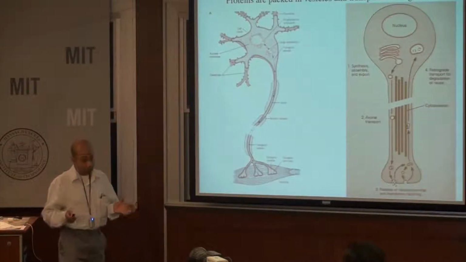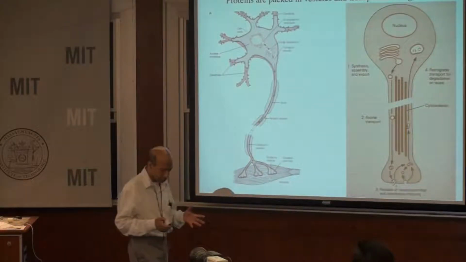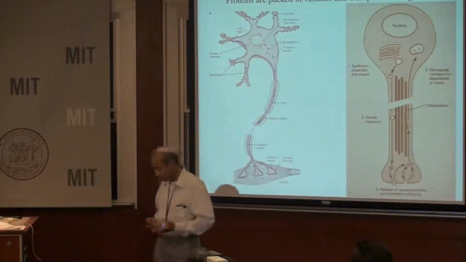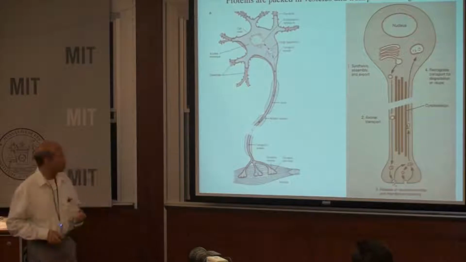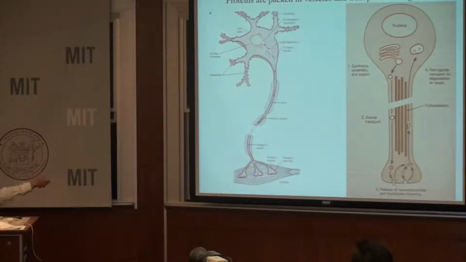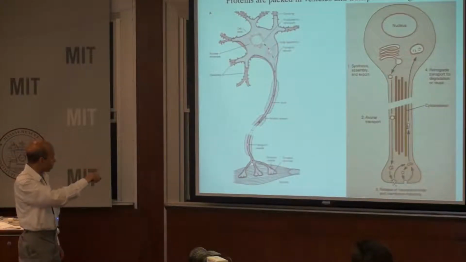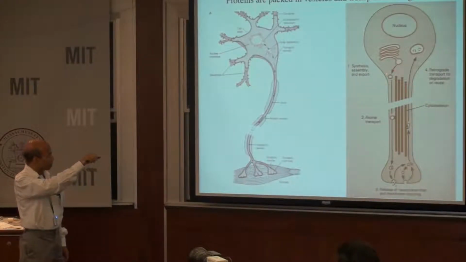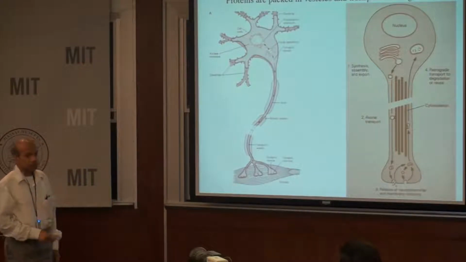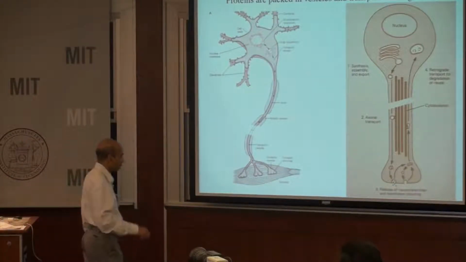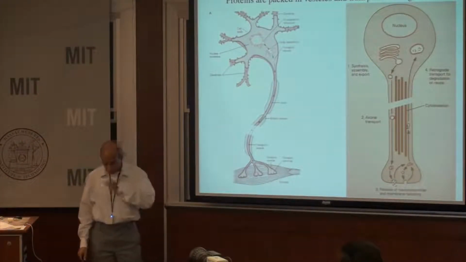They have many names. Some of them are larger, which are called dense core vesicles. Some of them are smaller. But the bottom line is, this is the factory. The cell body is the factory that is producing a lot of proteins. And many of these proteins are transferred along this long axon all the way until the synapse is reached. Some of them are packed in small vesicles, and they're also transferred all the way toward the synapse.